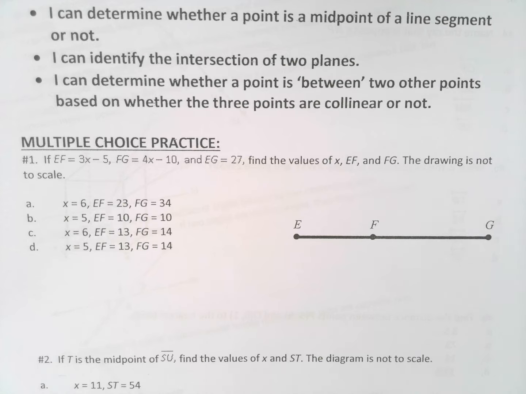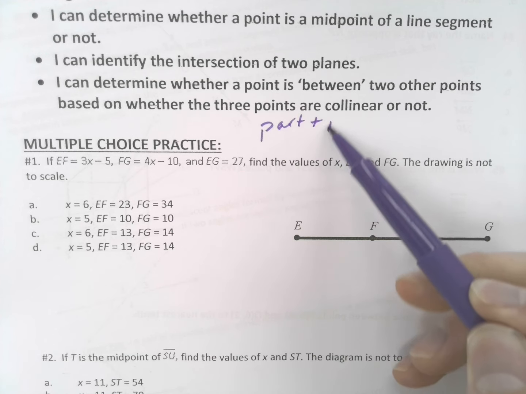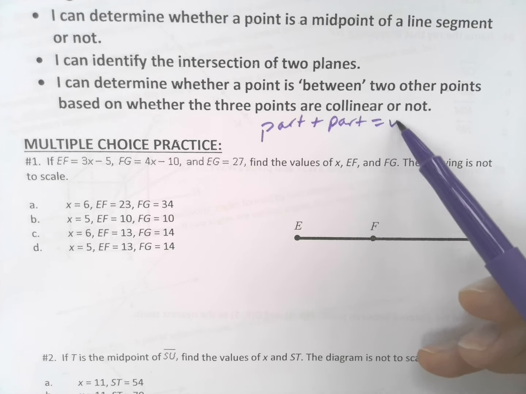So I'm hoping these first two you guys felt pretty solid about. They are straight up from mostly days 3 and 2 with a little bit of 4 thrown in. And this is where we're going to bring back parts plus part equals whole.